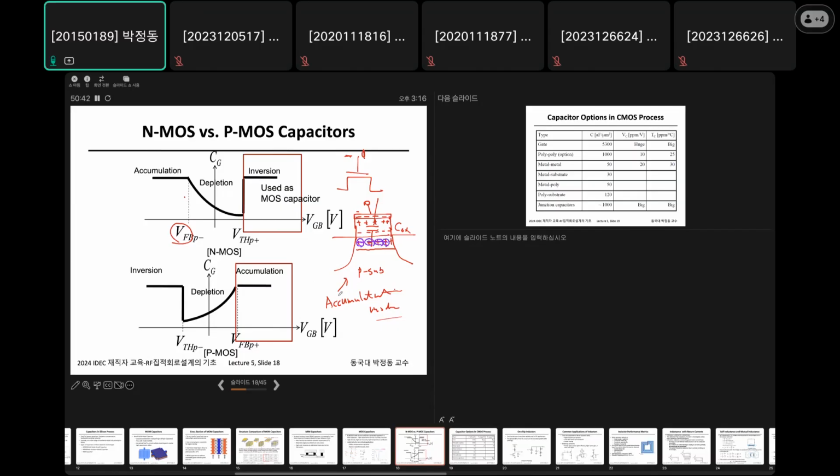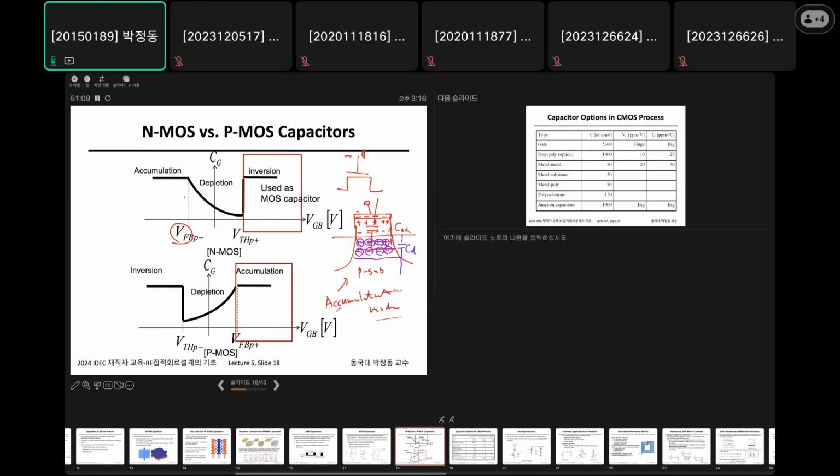Bonded charges are caused by ionized atoms. This is not carrier, right? Between this and the bottom, this is caused by the depletion region.